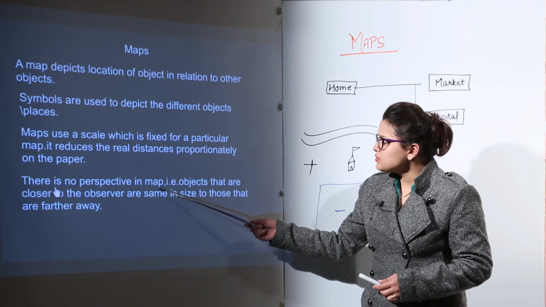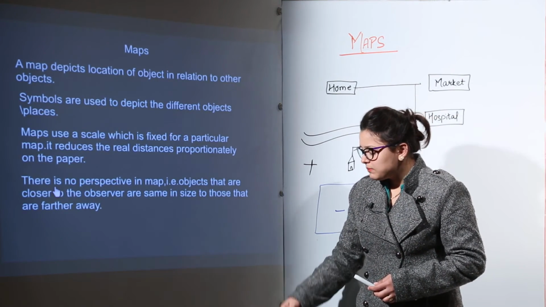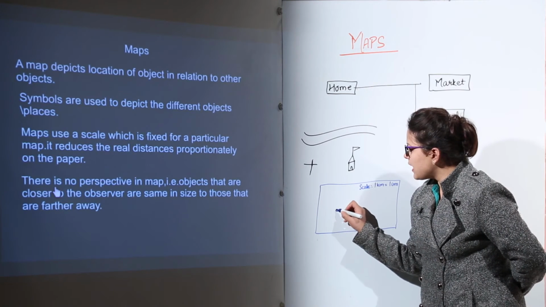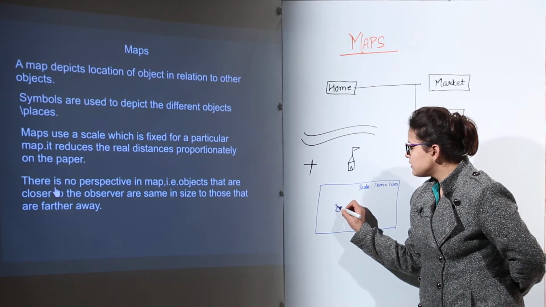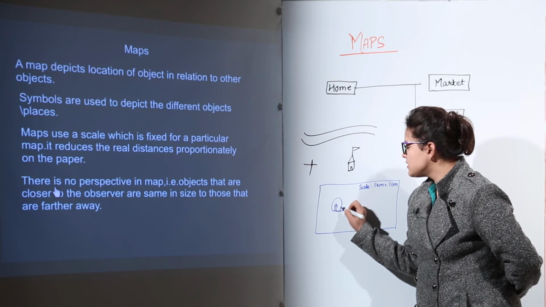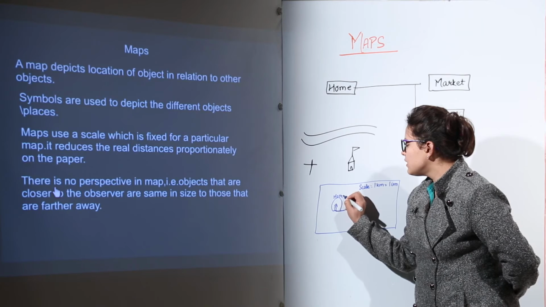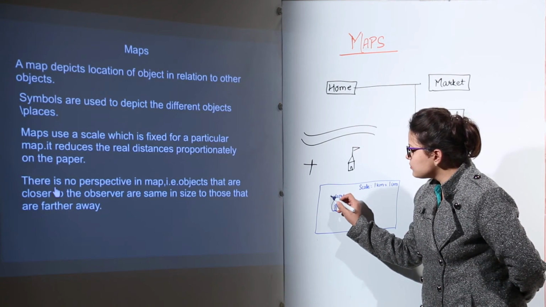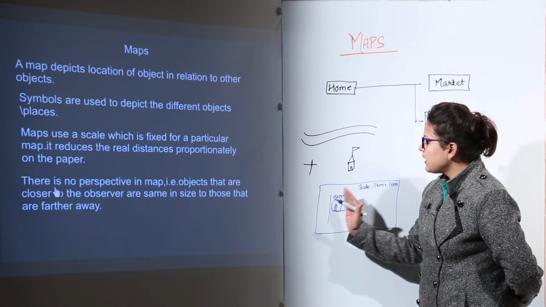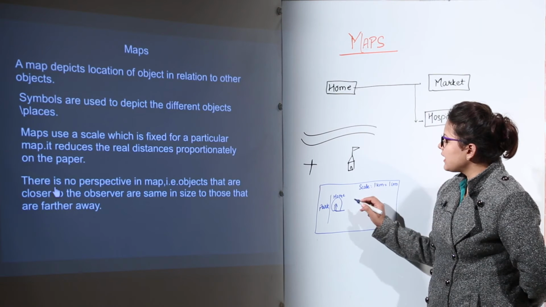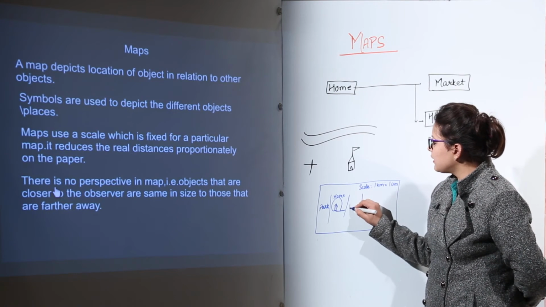Next is that there is no perspective in mapping. That means the objects that are closer to the observer. Say for example, I am standing over here, right? This is me standing at one place. This is my home. I am standing at my home. Now I have a park near my home to the left, right? To my left I have a park, and to the right I have a market.